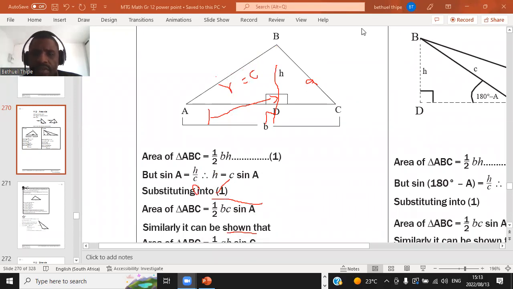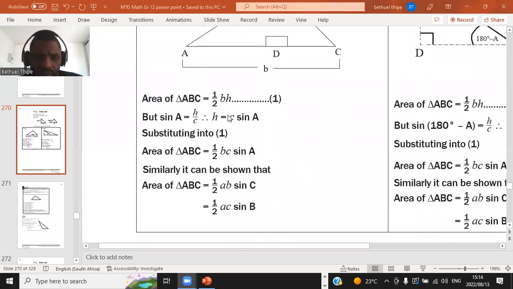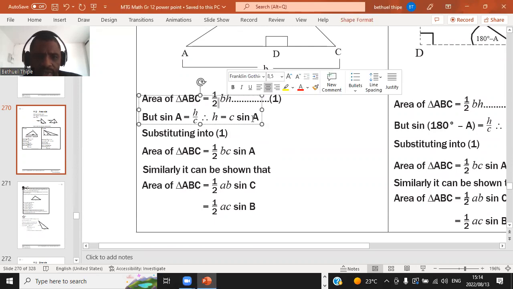Let me clear this. So we obtain H, we substitute H into equation 1. Then this is what we obtain.